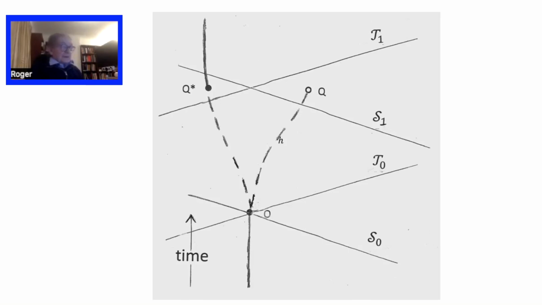So how do you make it relativistic? Well, pretty well the only way you can do it is to say, well, it goes all the way back to the beginning. That is at the location of point O, and that's where the separation actually happened.